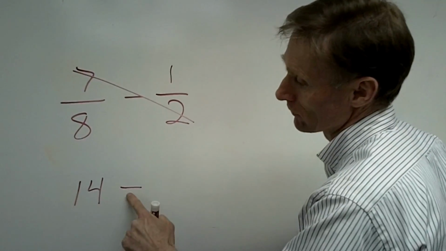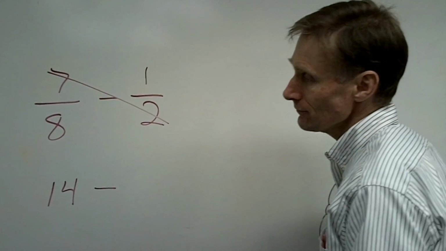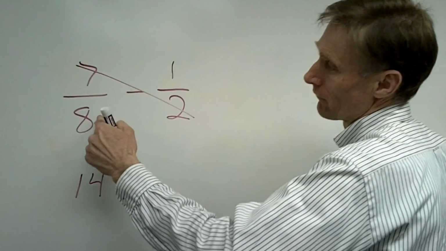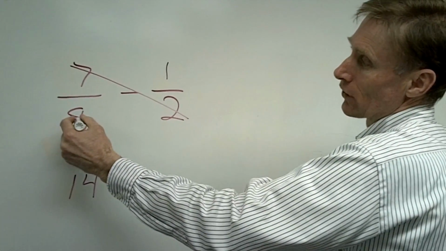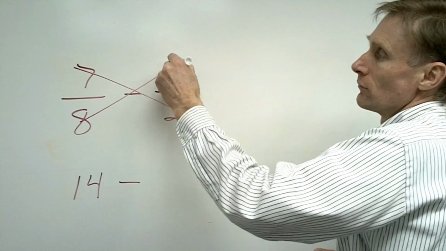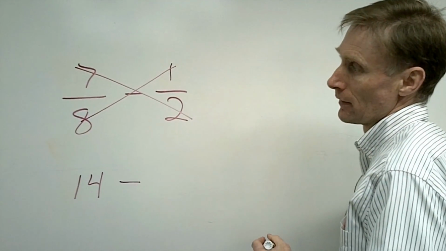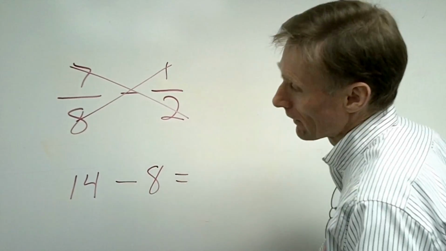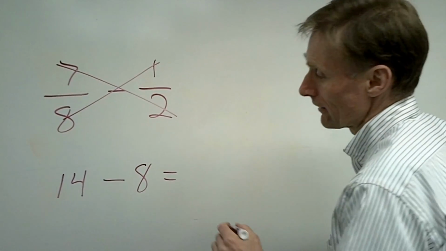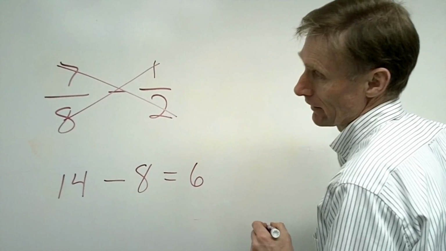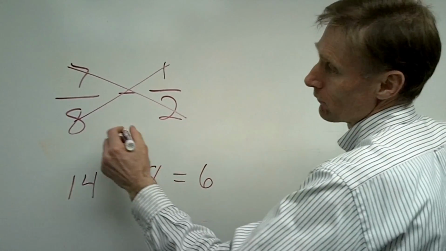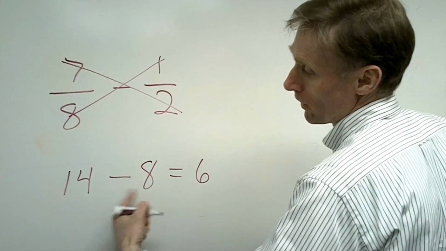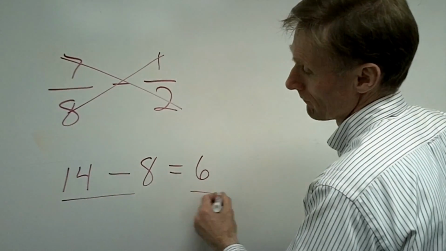This is subtract, so you will subtract. Second part of that numerator is you start at the bottom and then you multiply diagonally. 8 times 1 is 8. 14 minus 8 is 6.